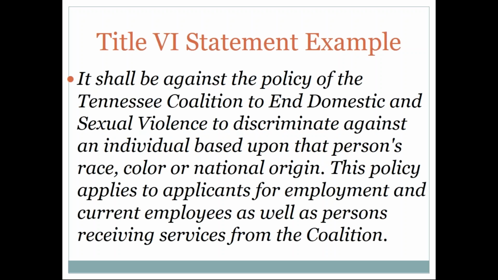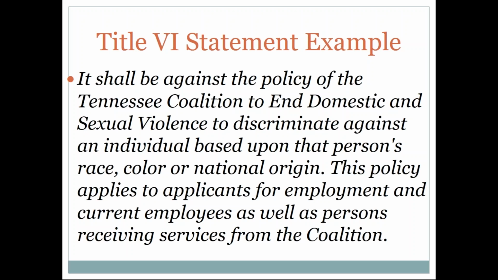This is the coalition statement. It shall be against the policy of the Tennessee Coalition to discriminate against an individual based upon that person's race, color, or national origin. This policy applies to applicants for employment and current employees, as well as persons receiving services from the coalition. It can be very simple.